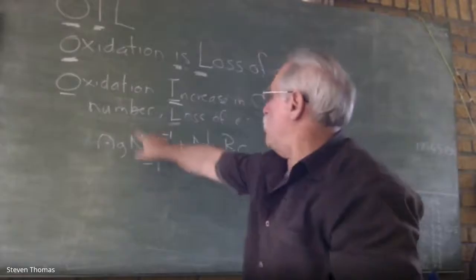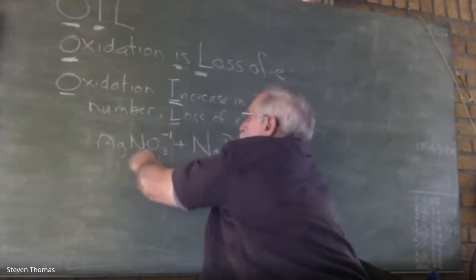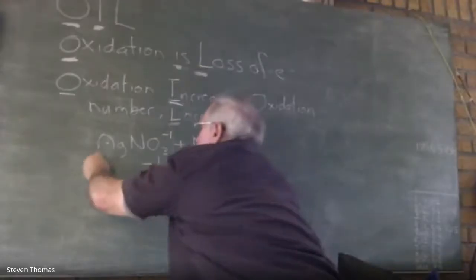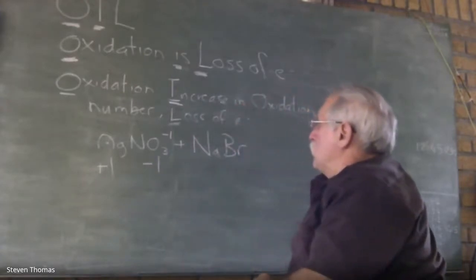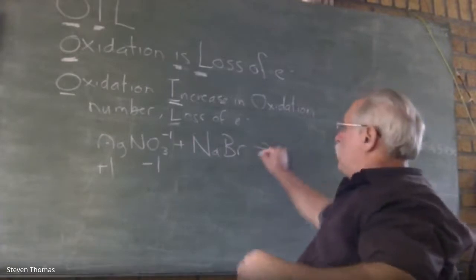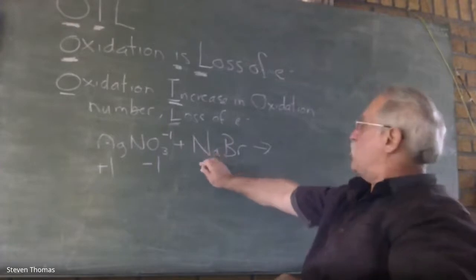There's only one of these ions, so it's going to be +1, right? And then what is this sodium here? It's in group 1. What's its oxidation number?